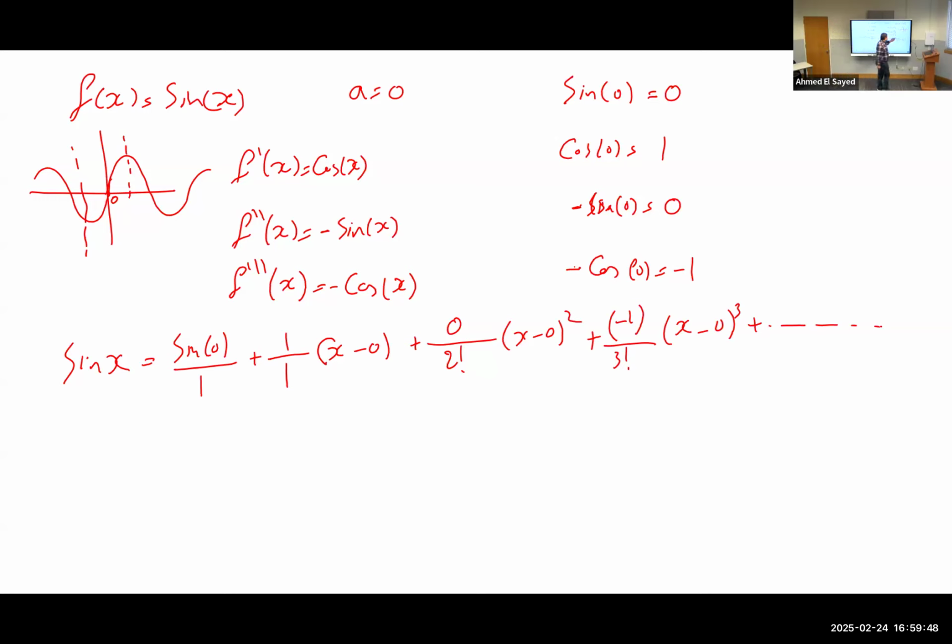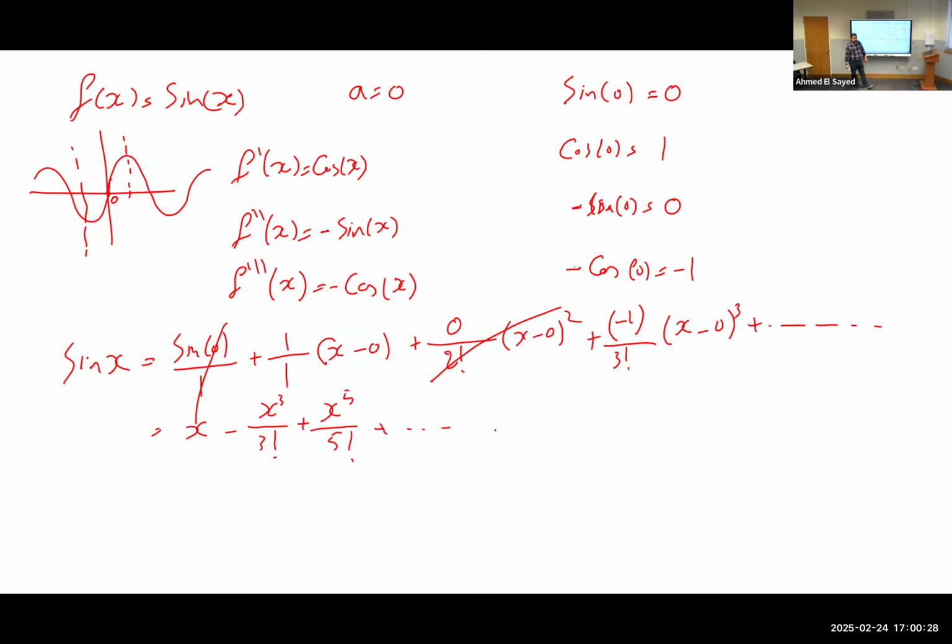So this term is 0, this term is 0, so it will end up that I have x minus x cubed over factorial 3, and so on, which is called the Taylor expansion of sine around 0. I can do this for any function: sine, cosine, exponential, any function that you want.